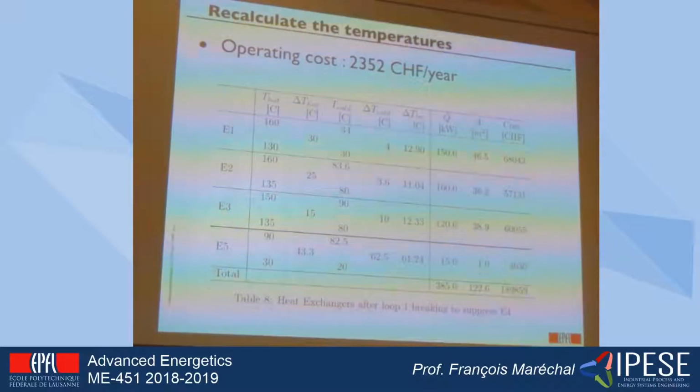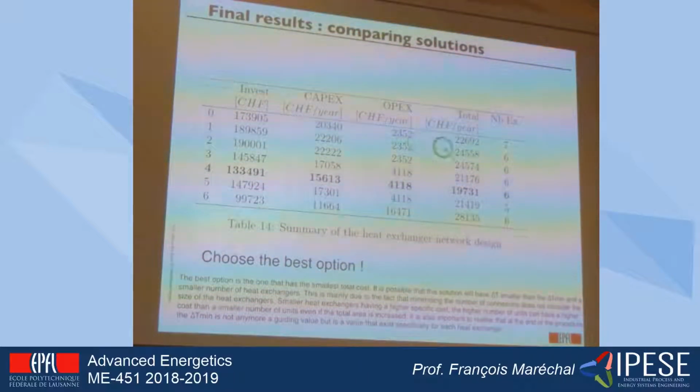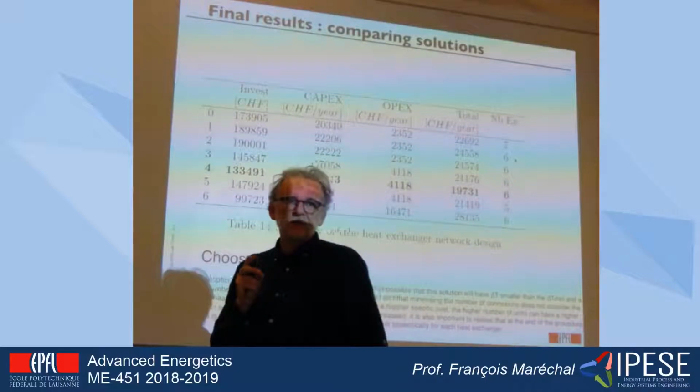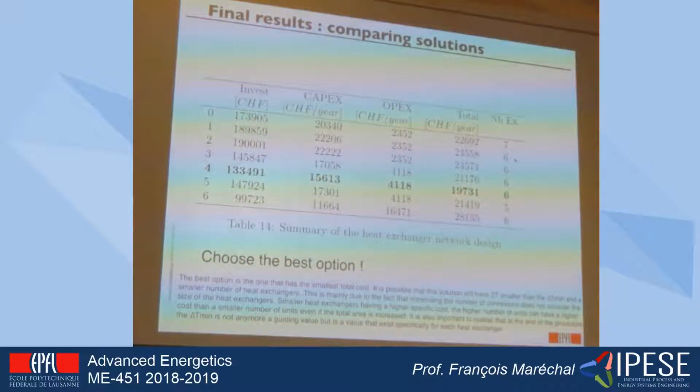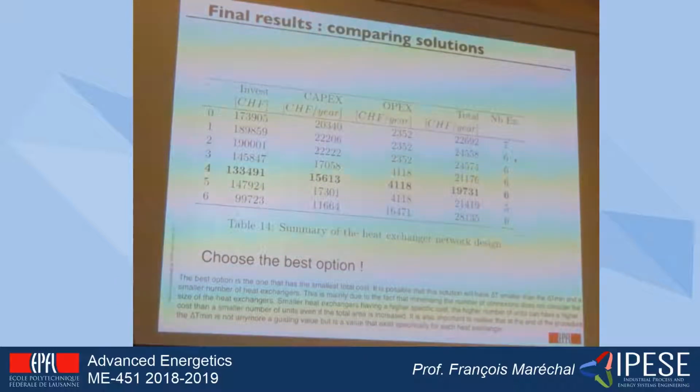But nevertheless, it allows me to calculate a new solution, this is the solution number 1, with a new design with 6 heat exchangers. So now we have, in fact, 7 different solutions, one with 7, 5 with 6 heat exchangers and one with 5 heat exchangers that I can compare in order to identify which is the best one.